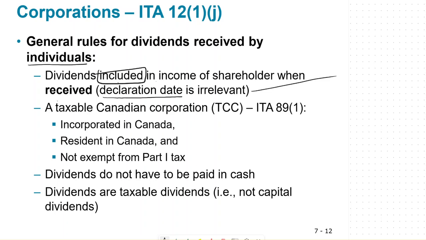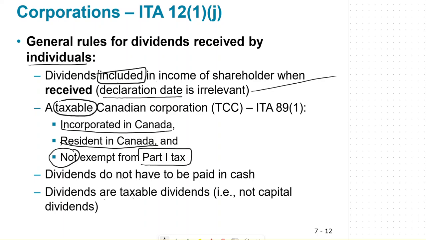When we think of a taxable Canadian corporation, it is incorporated in Canada. This corporation is a resident of Canada and not exempt from Part 1 taxes. Dividends do not have to be paid in cash; dividends are taxable when paid. That's what it means.